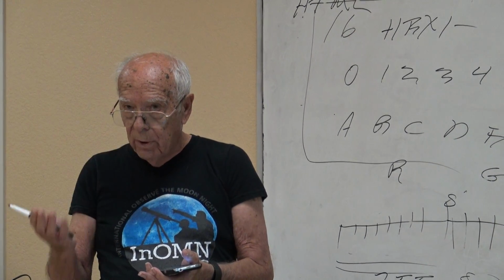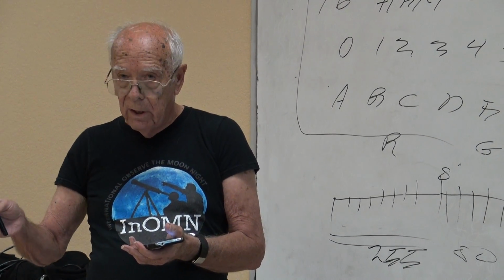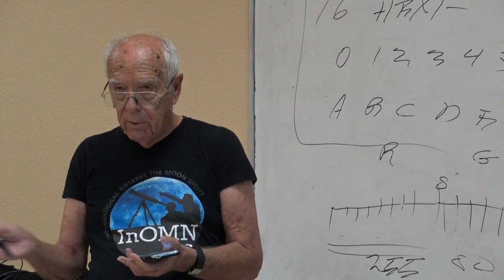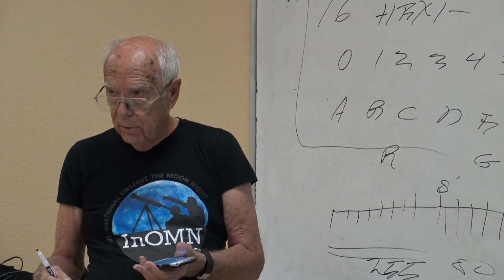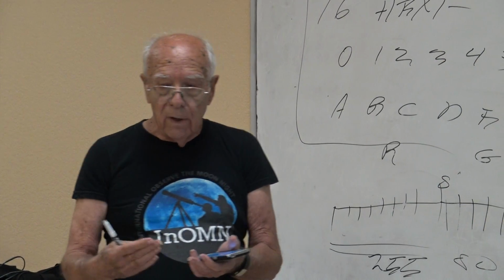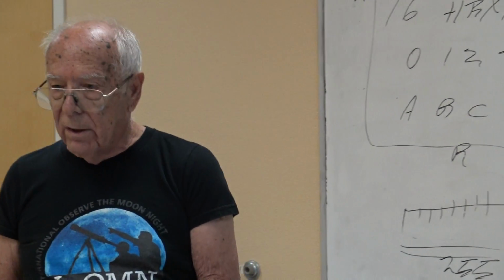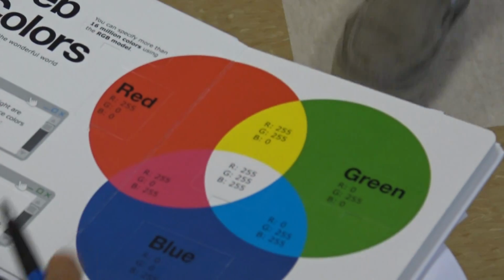Okay? Your printer works with cyan, magenta, and yellow. It doesn't print RGB. Your monitor may be RGB. But anyway, you do have to learn a little bit about the subtractive colors, and you'll see them here, right in the middle, including white.